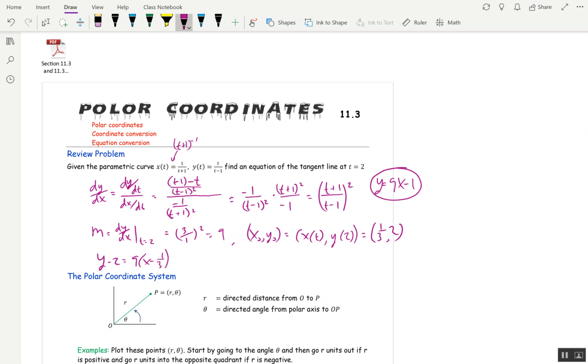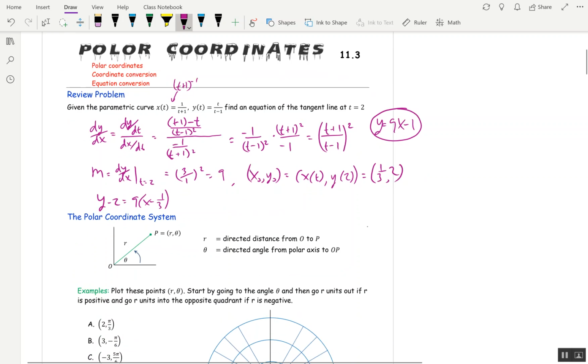Polar coordinate system. Instead of describing a point with two coordinates x and y, we use r and theta. r is going to be the distance from the origin, directed distance, meaning r can be negative, and I'll explain that below.